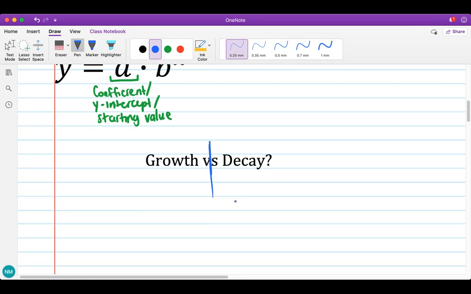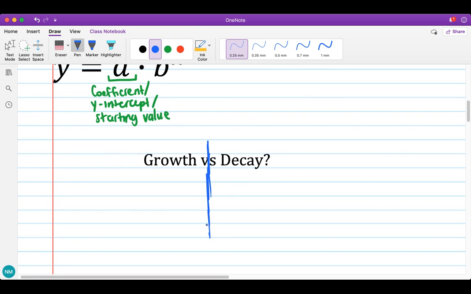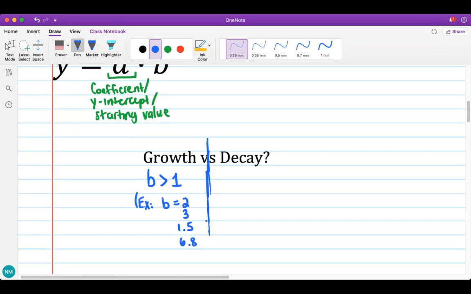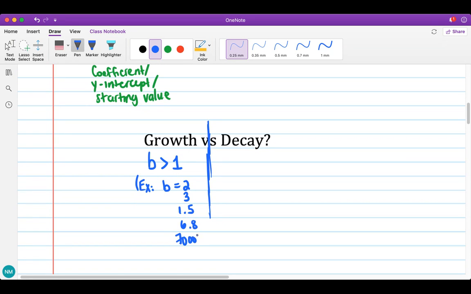Well, in order for something to be growth, b had to be greater than 1. So, for example, b can equal 2, 3, 1.5, 6.8, 7,000, right? All of these numbers are bigger than 1. And in order for it to be decay, b had to be between 0 and 1, but not equal to them.